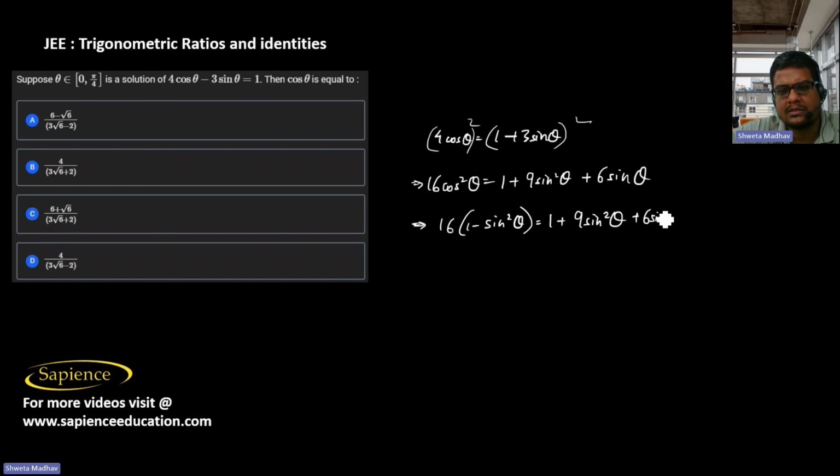plus 6 sin theta. Therefore, this will be 1 plus 9 sin square theta plus 6 sin theta, plus 16 sin square theta minus 16, that is equal to 0.